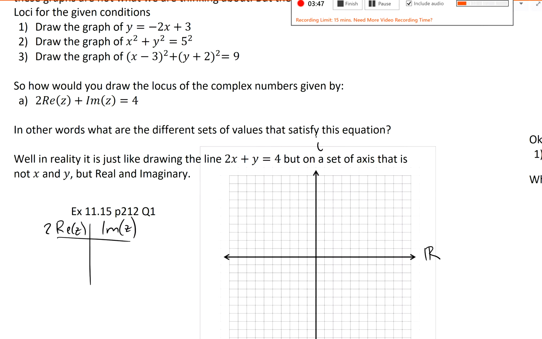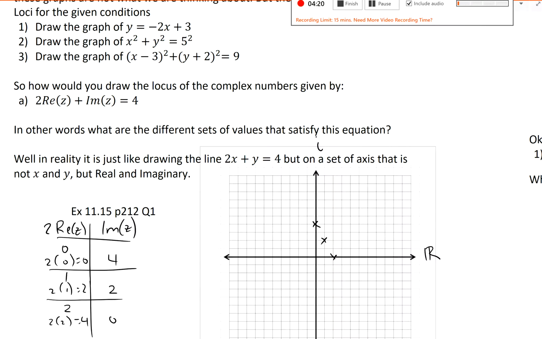So let's say the real is 0. 2 lots of 0 is 0, so the imaginary part has to be 4. When the real is 1, 2 lots of 1 is 2, so the imaginary part is 2. And when the real part is 2, 2 lots of 2 is 4, so the imaginary part is 0.